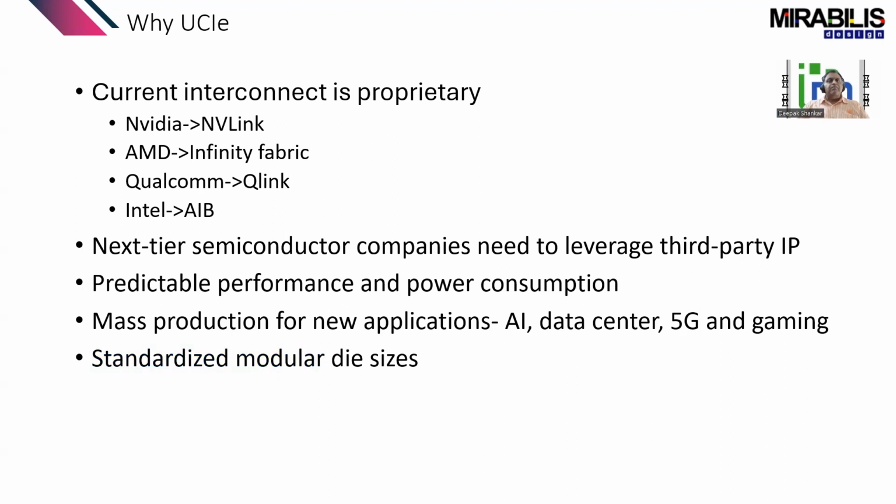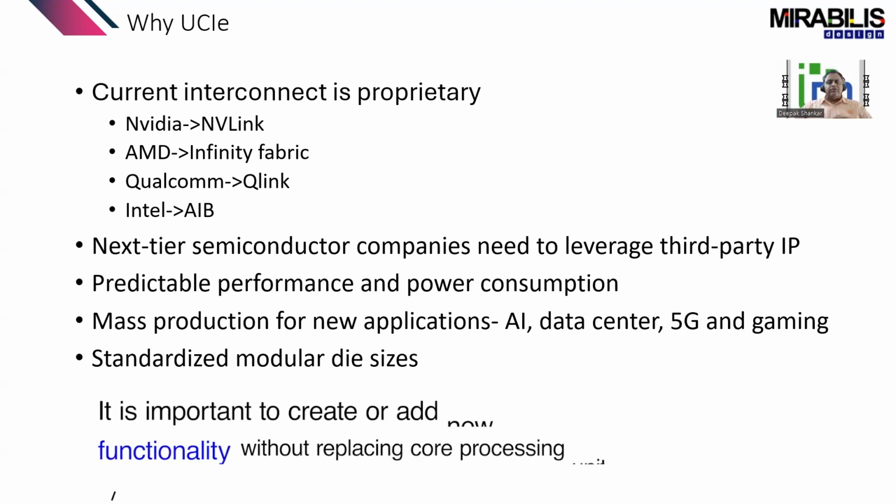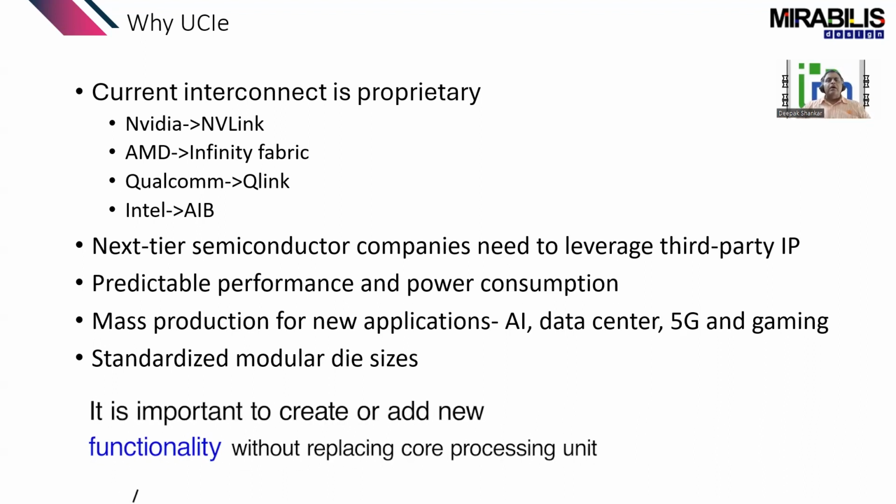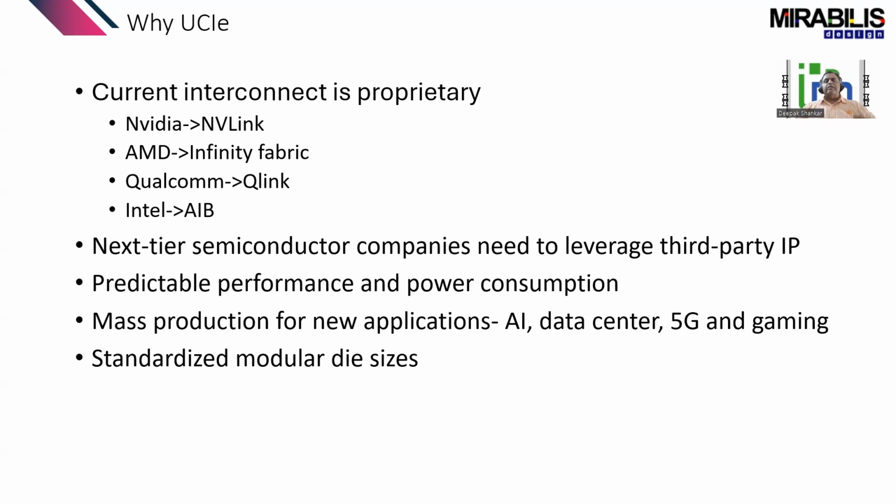Because it becomes very important when you want to add on new dies to create a new functionality without replacing, say, your core processing unit or your core compute unit. So it becomes the same thing that you would have in a data center, where you have racks and server chassis that have fixed sizes. You can now do the same thing with chips as well.